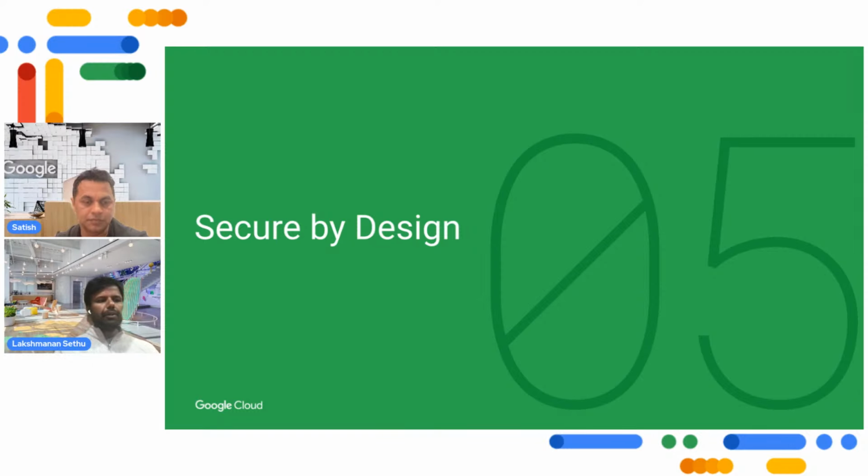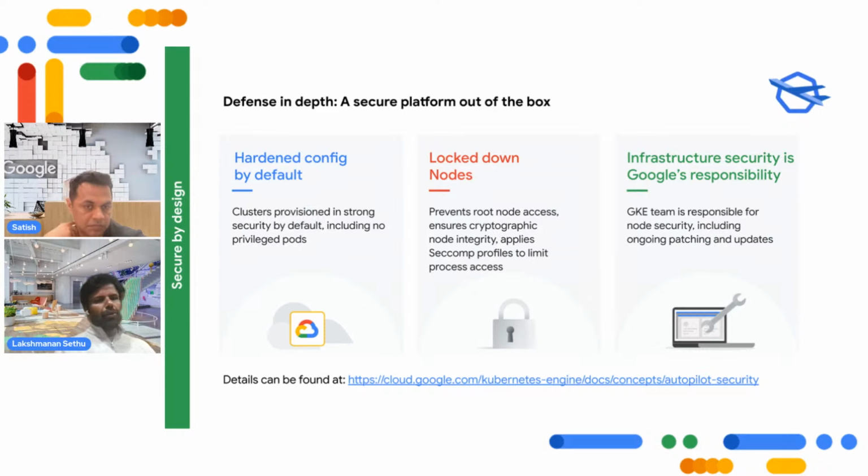For example, the basic security features such as hardening. We have GKE cluster hardening guidelines, with details given in the documents below. All the hardening configurations are provided for you by default. Security engineers or SREs don't need to spend time on this. It's all given to you by default.